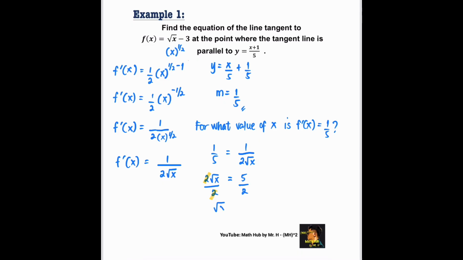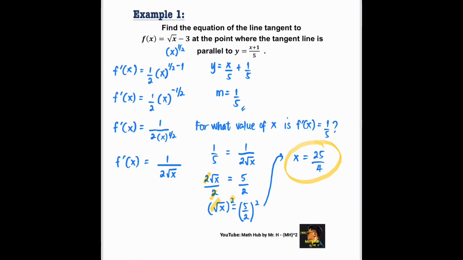So square root of x equals 5 over 2. And what we need to do is square both sides. So the root gets canceled out, and we'll have x equals 25 over 4. So this is now the x-coordinate of the point of tangency.